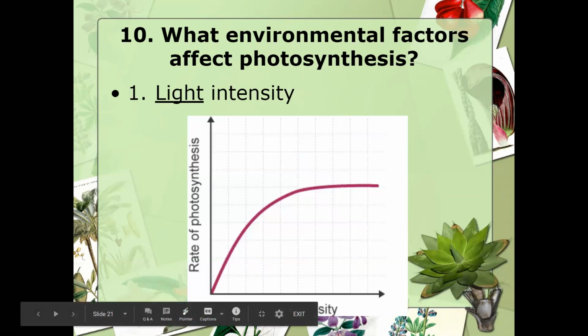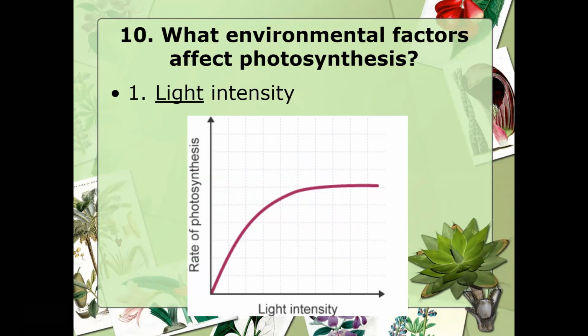I briefly do want to list a couple of things that are going to affect photosynthesis. Looking at this graph, and I know you guys need practice with reading graphs, so we're going to analyze this a little bit. Light intensity is going to affect photosynthesis.